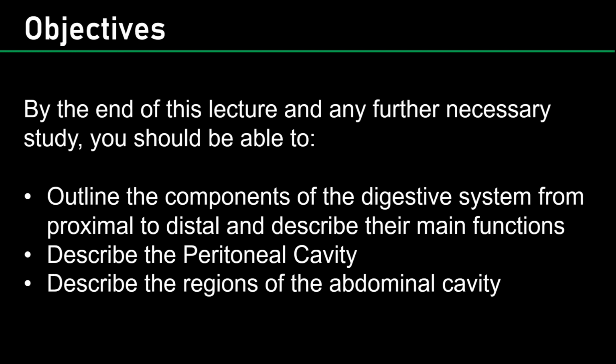And then finally, we looked at the regions of the abdominal cavity. We looked at the 9 regions, where we had the epigastric, the umbilical, and the hypogastric regions down the centre, and a left and a right version of the hypochondriac, the lumbar region, and the inguinal region.